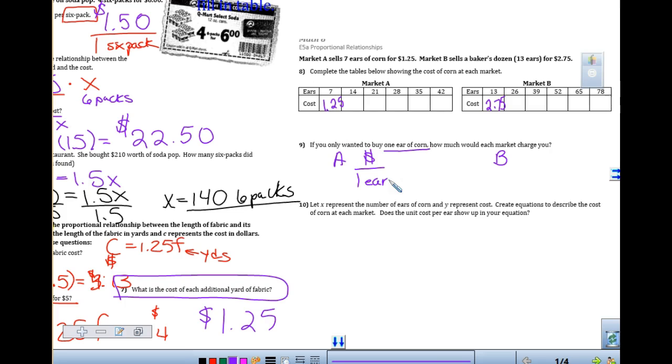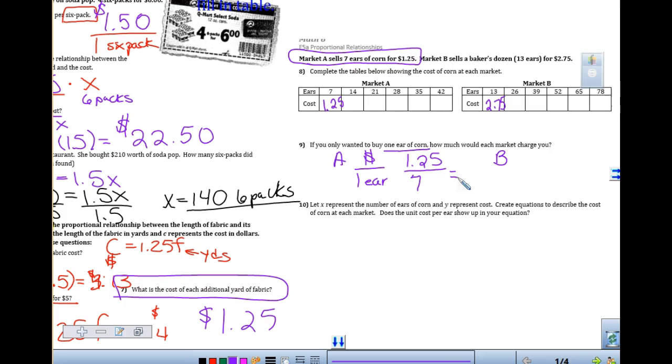Divide what by what? I'm going to take $1.25 and divide it by how much? Market A. 7. Divide by 7. What'd you get?